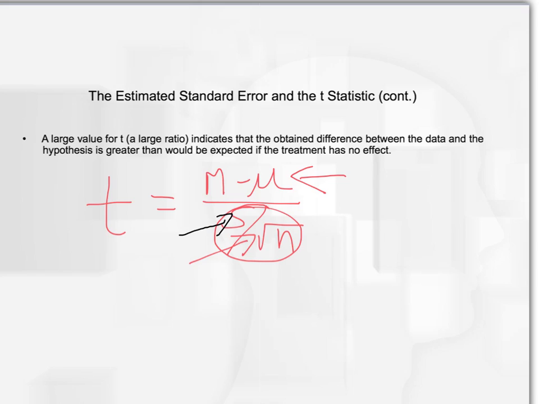And when you divide a larger denominator into the same difference, your t-value will get smaller. Conversely, as s gets smaller, the denominator becomes smaller. And when you divide a smaller denominator into that same obtained difference, the t-value will get larger. So the more variance, the larger your standard deviation in your sample, the smaller your t-value becomes.